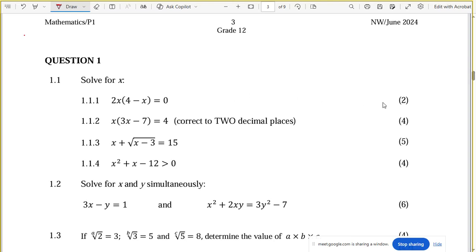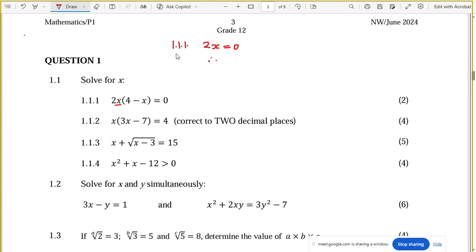The mark allocation tells you that the first question is just straightforward. It's equated to 0 and it is already factorized. So to answer 1.1.1, you just take the first term, 2x, equate that to 0 and solve for x.